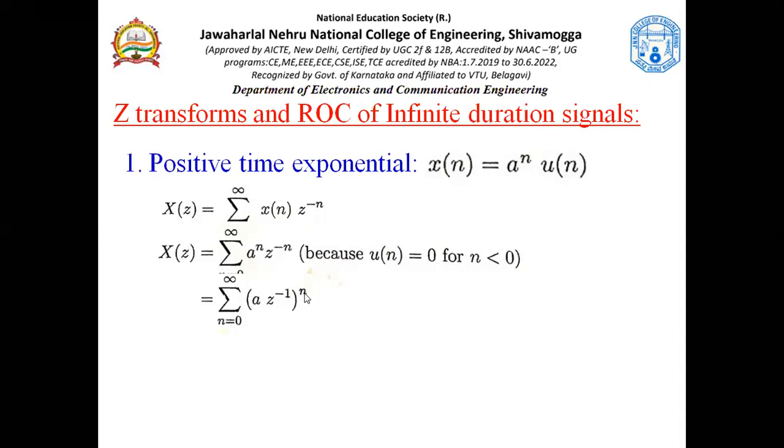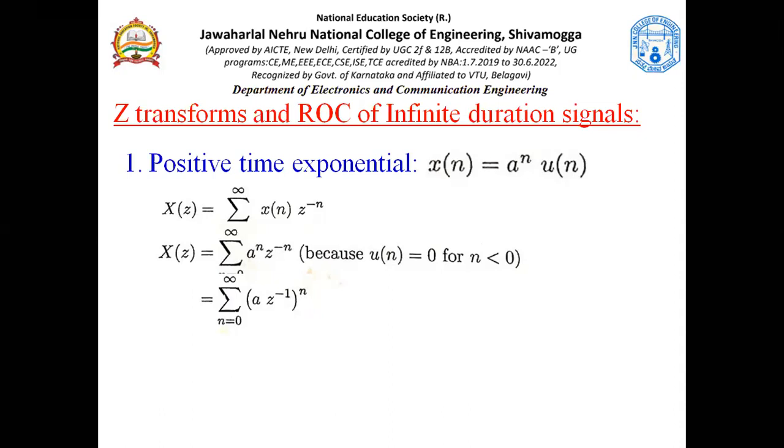So try to express your summation always in this particular format because it's a standard summation. If you get to the standard summation, it would be easier to write the result of the summation. Otherwise we'll not be able to, because it's not a finite sequence wherein we can write x of 0 z to the power 0 plus x of 1 z to the power minus 1 plus x of 2 z to the power minus 2.